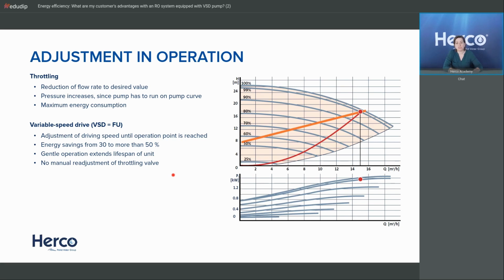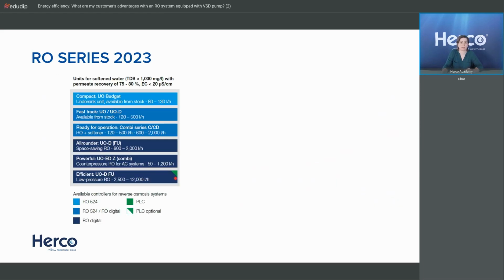I want to show you which units of our RO range we have changed this year to variable speed drive only. And then after that, we'll jump directly into the important topic: how do I calculate return on investment? These are our RO series. These are the standard series for softened water. That's 57 to 80% recovery and usually a typical conductivity in the permeate of less than 20 microsiemens per centimeter.